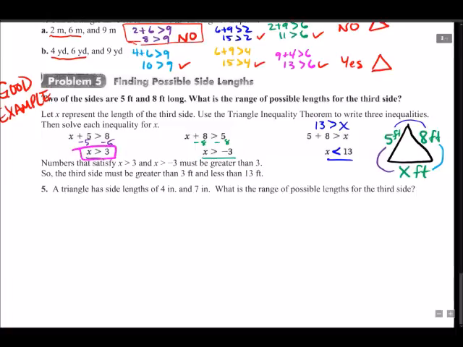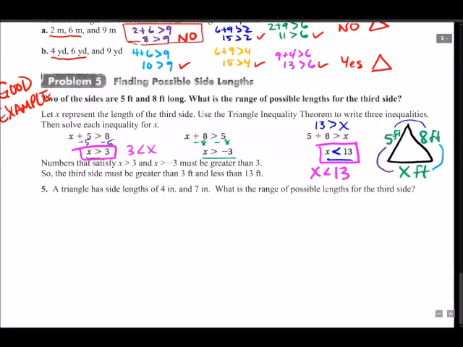Being bigger than 3 and smaller than 13. So we can write it like that, but if you remember from algebra, we can put x in the middle, and x has to be less than 13, and if we switch this one around, 3 is less than x, right?